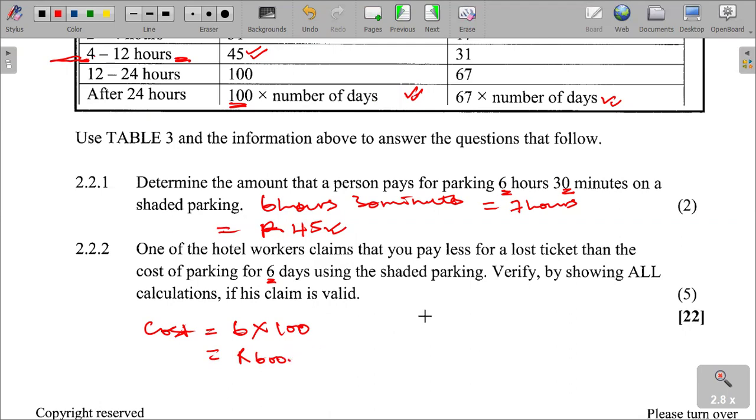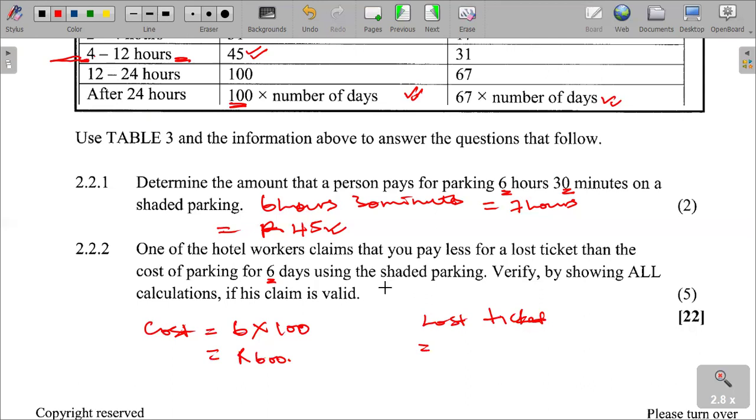And then for the lost ticket, we also need to prove it. The worker claimed that you pay less on a lost ticket than parking for 6 days using shaded parking.